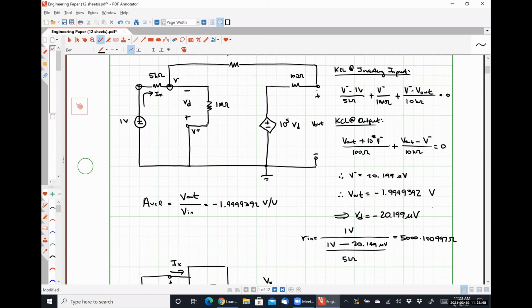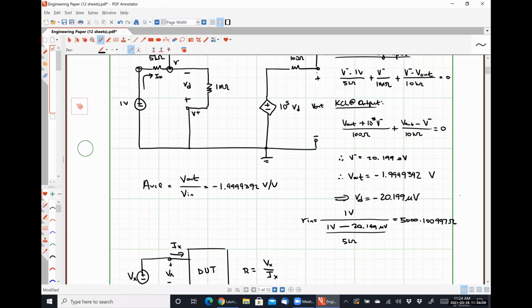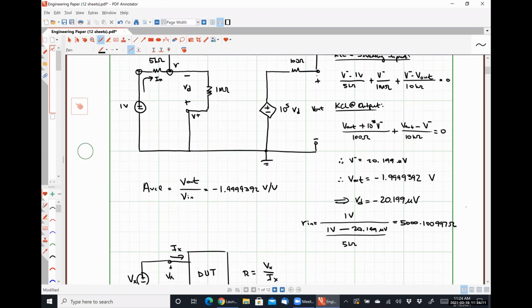So here is our 2-port network. We're looking at this guy from our output terminals. Do we know the open circuit voltage? Yes, that's the Vout we just calculated. So now what we have to do is short circuit these terminals and figure out what that current that's flowing through those terminals is, and that will allow us to calculate our output resistance.